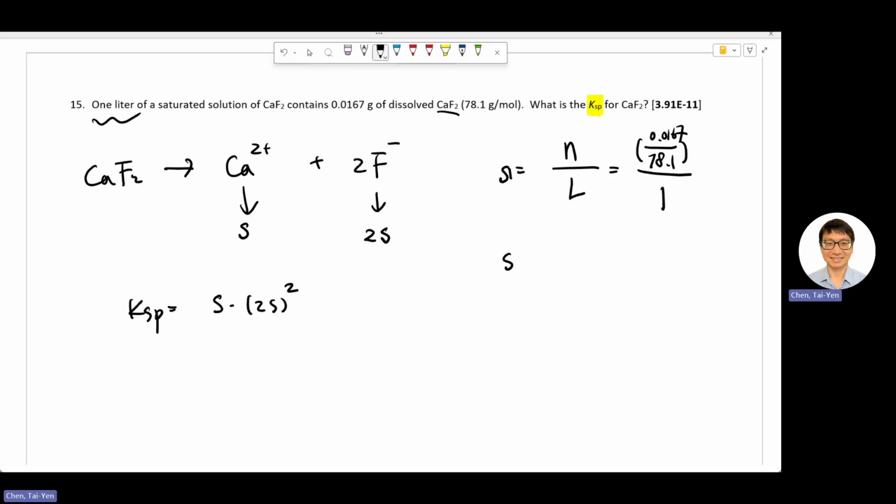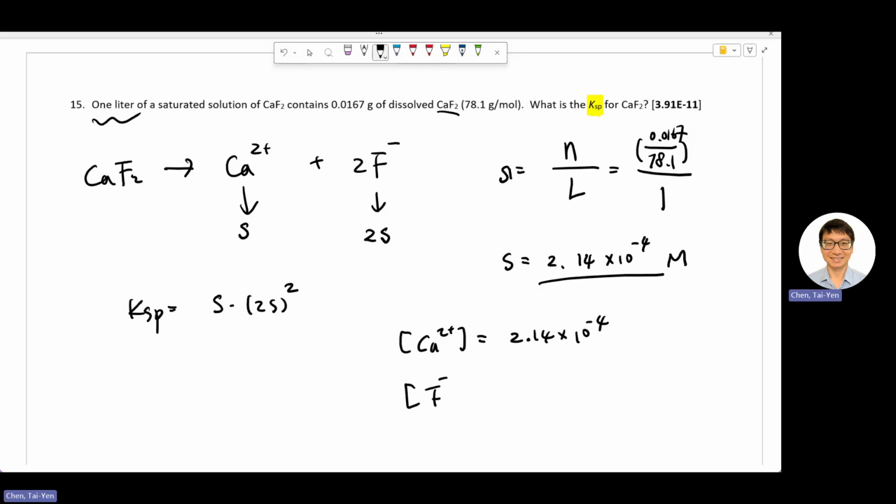Molar solubility equals 2.14 times 10 to the negative 4. So that will be the solubility you're going to have. Therefore, we know the calcium 2+ concentration will equal 2.14 times 10 to the negative 4.